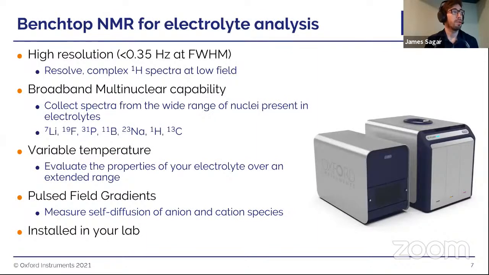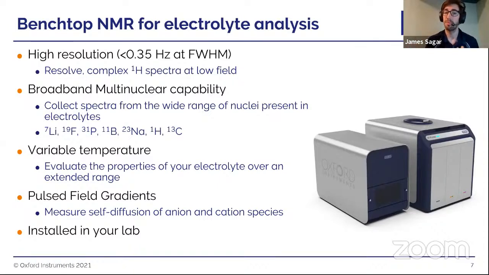So the X-Pulse, our benchtop NMR system, has a very high resolution of less than 0.35 Hertz at the full width at half height. That allows us to resolve complex proton spectra at low field. We also are the only benchtop NMR instrument with a truly broadband multi-nuclear capability.